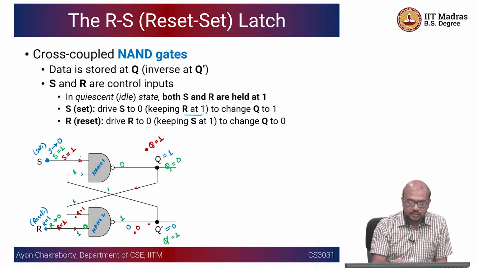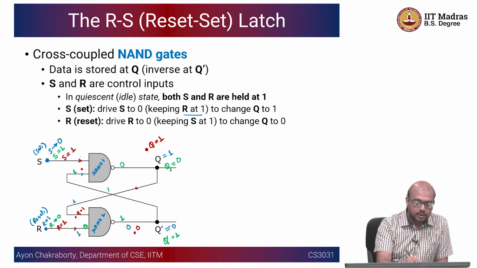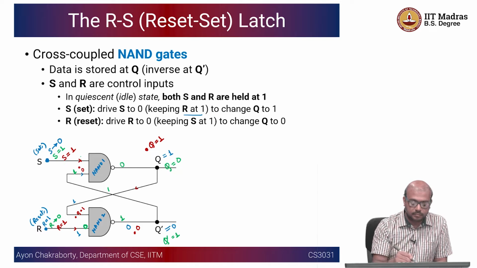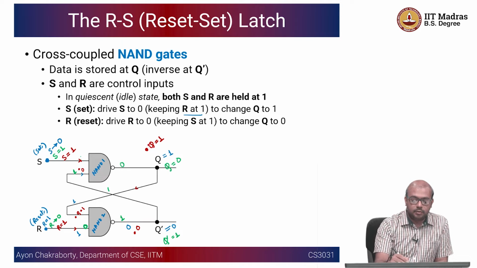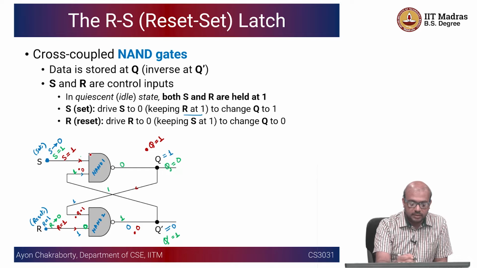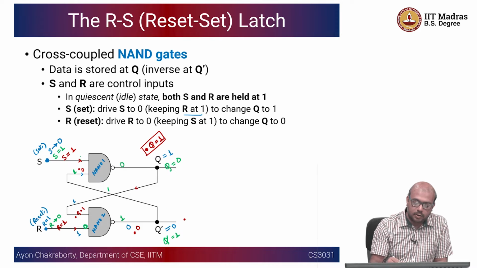And if it is 0, then one input is going to be 0 here, right? So the output is going to be 1 only. So S equal to 1, the other input is equal to 0. So 1 and 0, the AND gate is going to be outputting a 0, so the NAND gate is going to output a 1. So Q is equal to 1 is retained. Not only that, Q bar is equal to 0. That is also there.